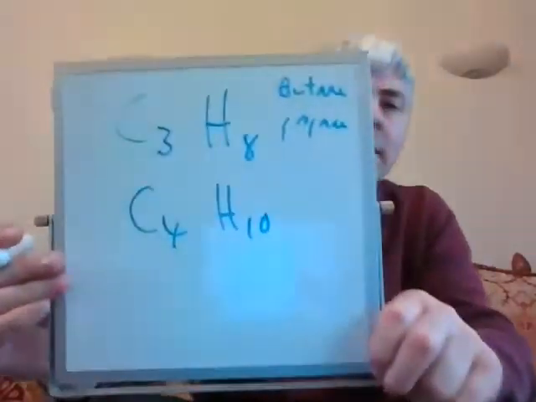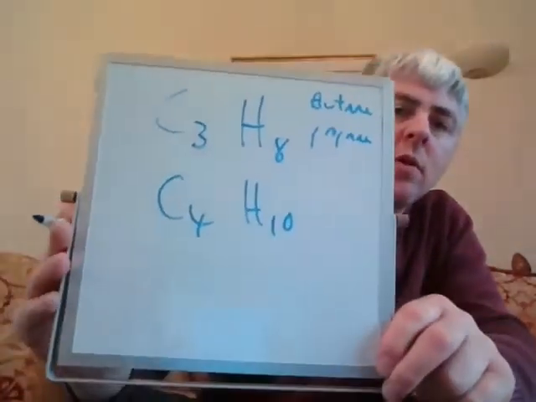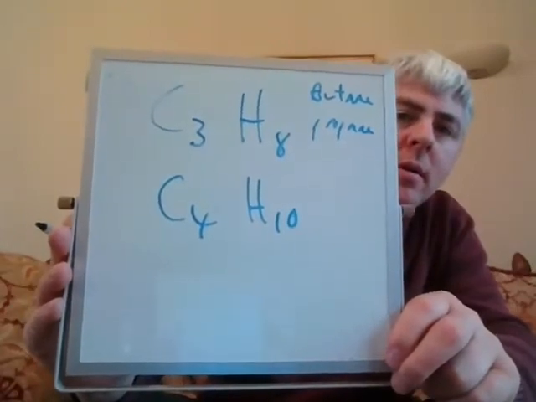Butane and propane. And I've done the chemical formulas. Propane is 3 atoms of carbon and 8 of hydrogen, butane is 4 atoms of carbon and 10 atoms of hydrogen. So one of them's 3,8, the other's 4,10. Thank you for looking at that. What else?